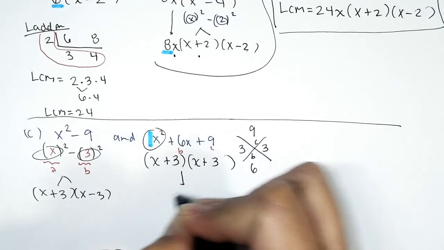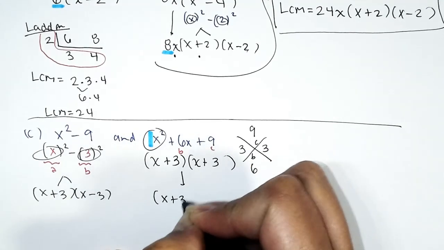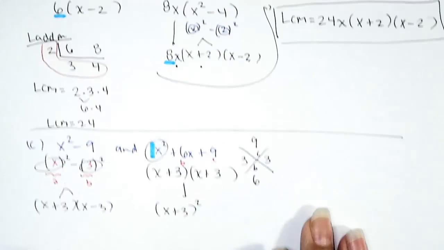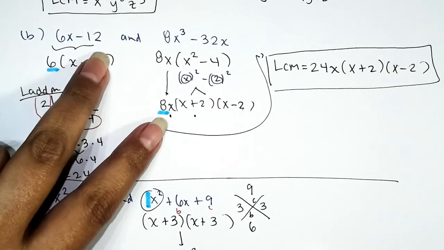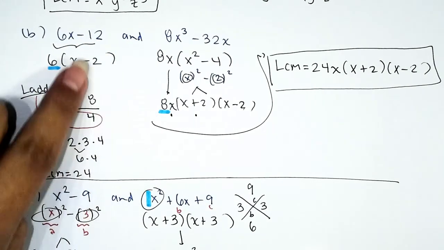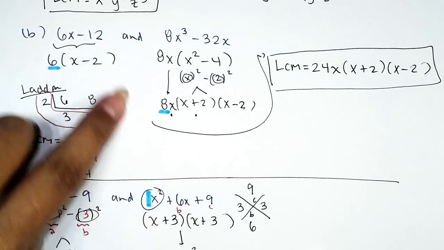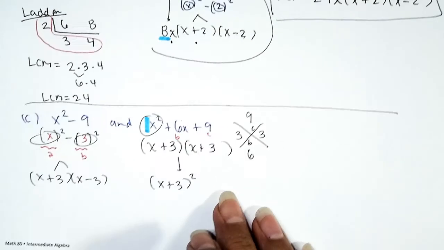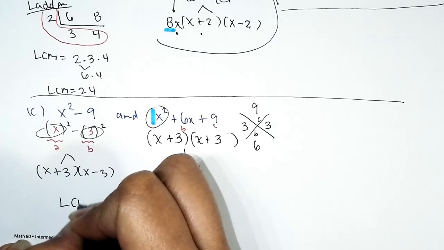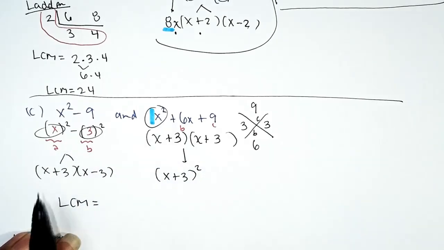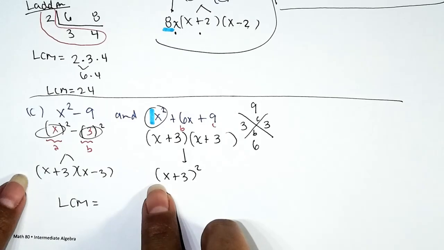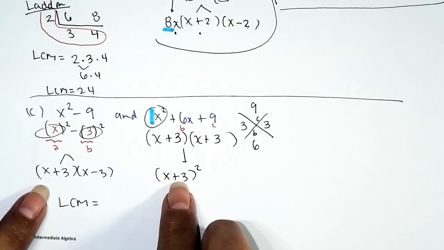I'm going to put a drop down arrow because for the previous problem, since the polynomials in factored form were not lined up, this was really hard for me to knock out. So I want them lined up. So for the question of the hour, what is the least common multiple between these polynomials? We don't have integer factors, we don't have variable factors, all we have are binomial factors.